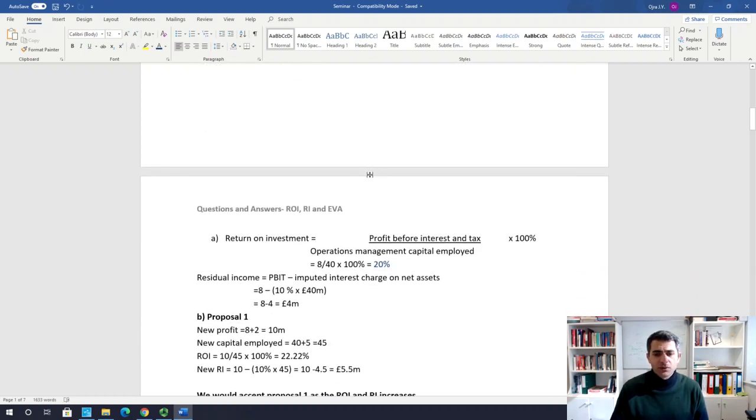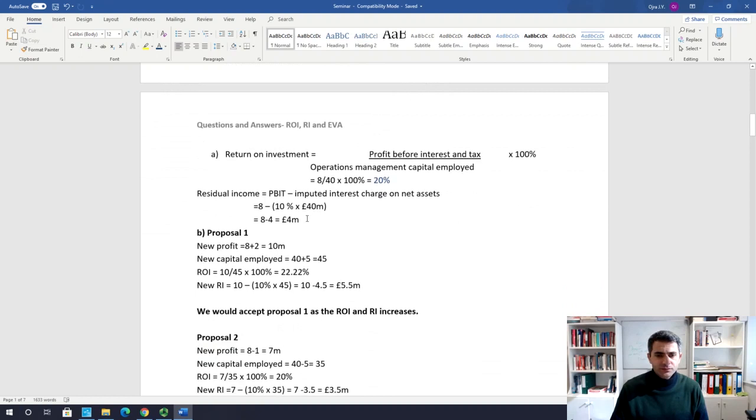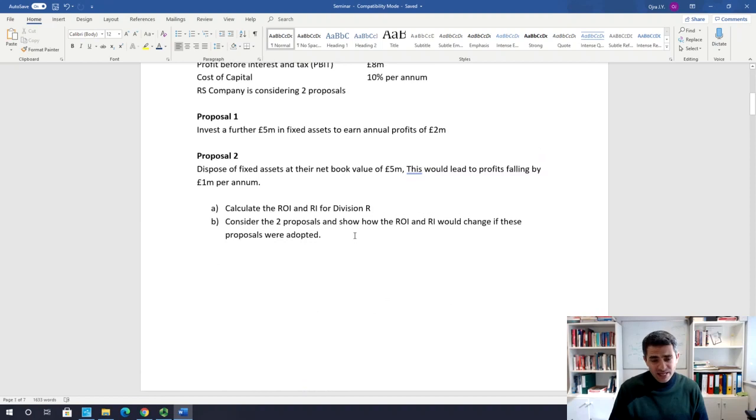If you apply this formula, you should be able to find the residual income equals 4 million. Fair enough. So now we're going to consider the two proposals, proposal 1 and 2, and find out what is going on. Let's start with proposal 1.